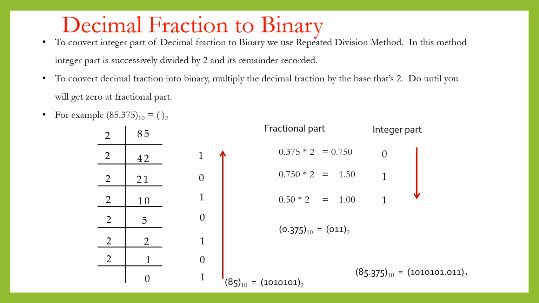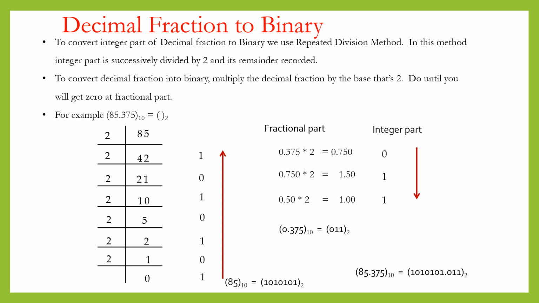As usual, the integer part is recorded. Here 1 is the integer, it is recorded, and we continue with the 0.50 fractional part, which is multiplied by 2. Answer is 1.00, and as usual the integer part is recorded, that is 1. So here we reached 00, the fractional part is 00.